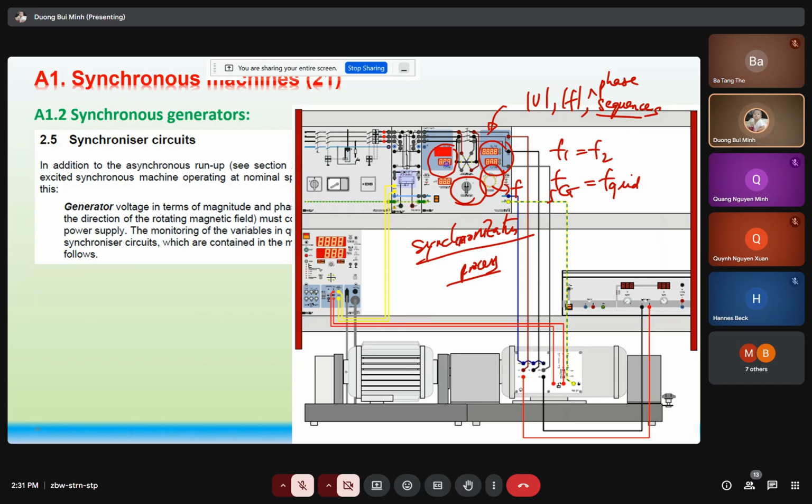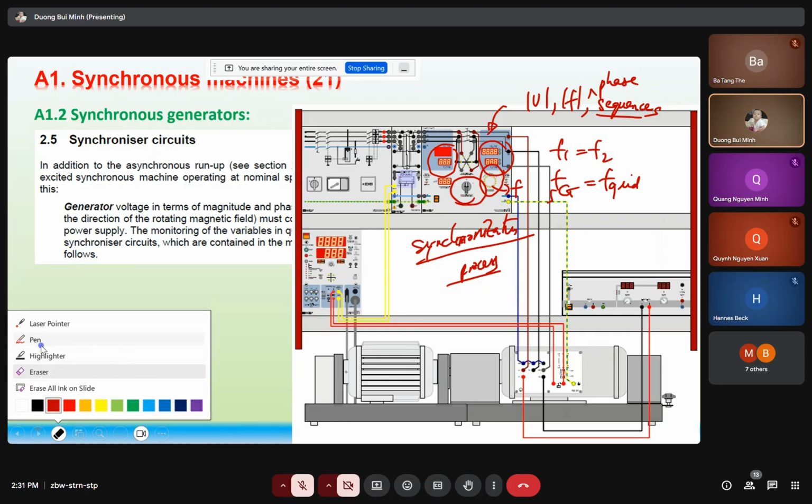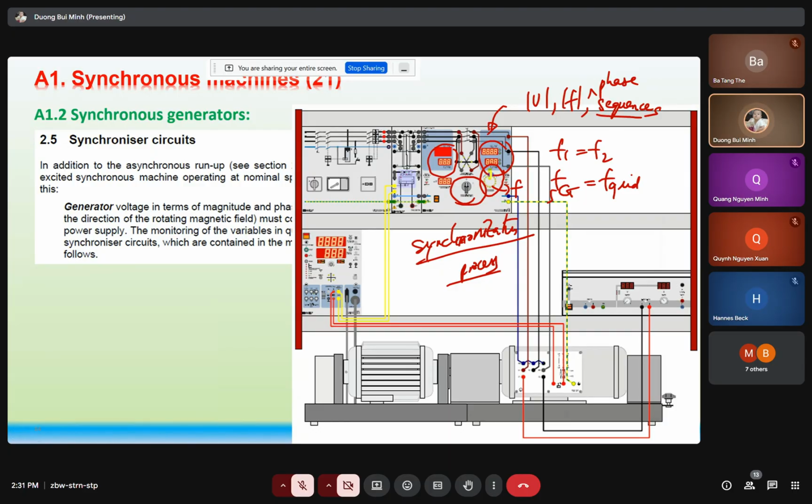Okay, so here we have the same voltage, the same frequency, and this light turns on, right? You switch on this device, and the synchronous generator will connect to the grid.